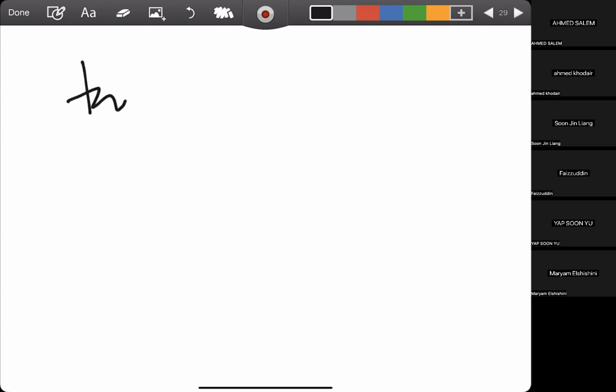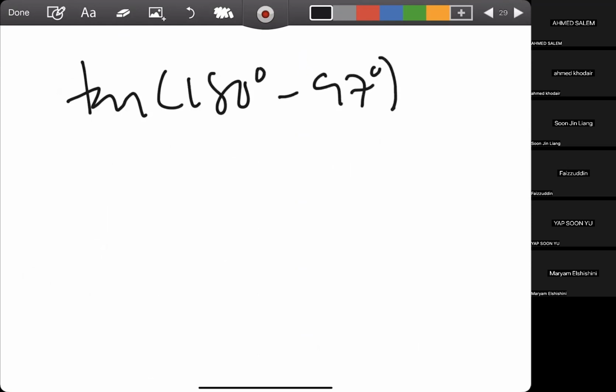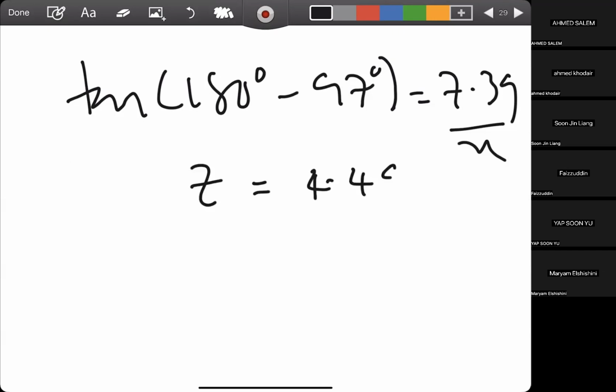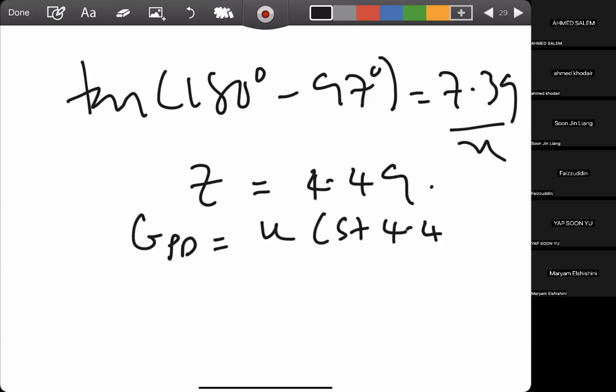So tangent of 180 degrees minus 97 equals 7.39 divided by x. So z, you will get 4.49. So the G_PD is equal to K(s plus 4.49).